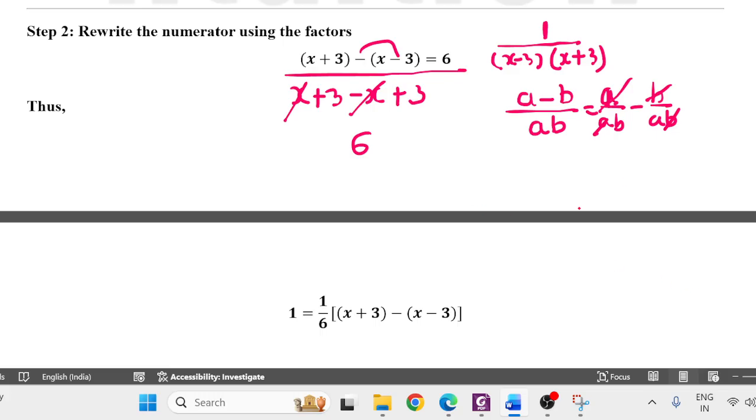So in the numerator 6 is not there. In the question, in the numerator 6 is not there. So what we are going to do is multiply by 6 and divide by 6.